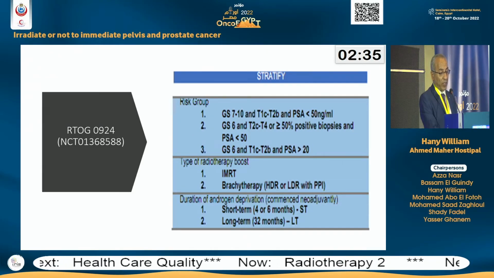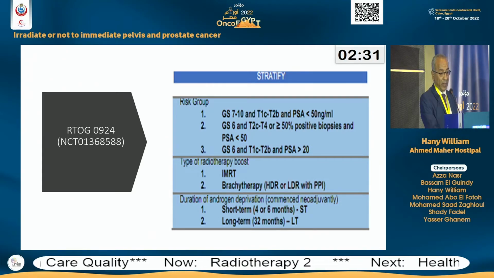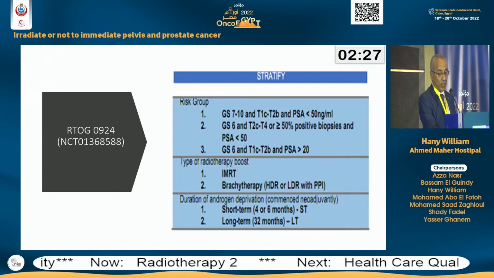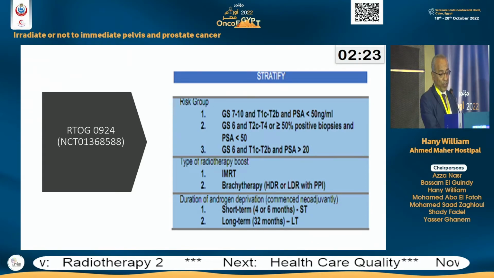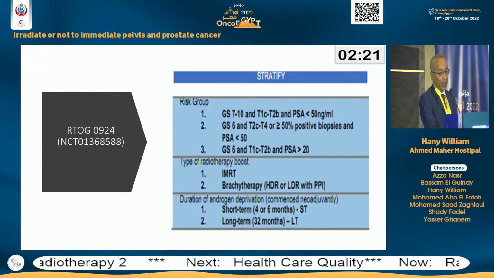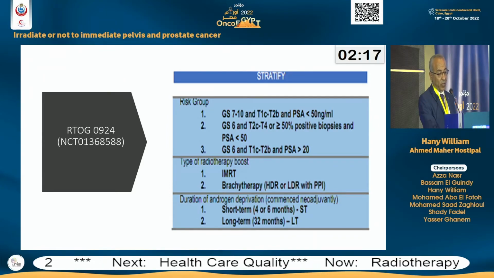The patients are stratified by risk group: group 1 Gleason 7 to 10 and T1c to 2b and PSA less than 50, or Gleason 6 and T2 to T4, or more than 50% positive biopsy and PSA less than 50, or Gleason 6 T1c to 2b and PSA more than 20.